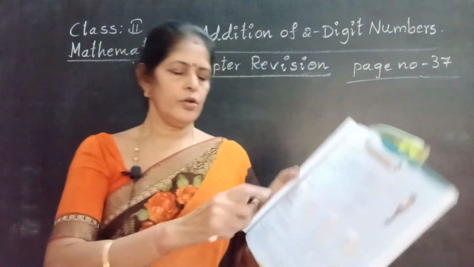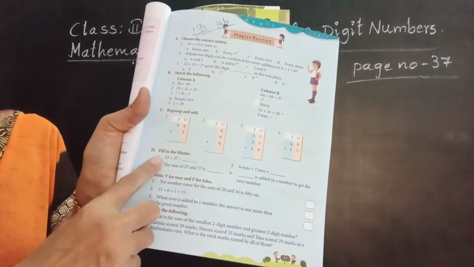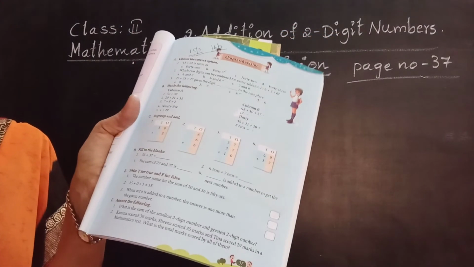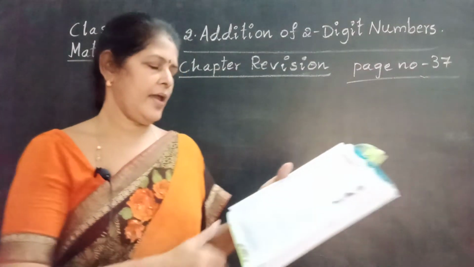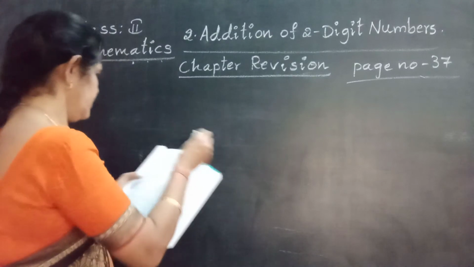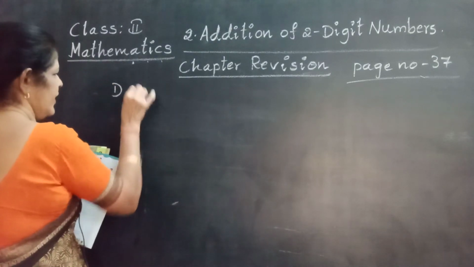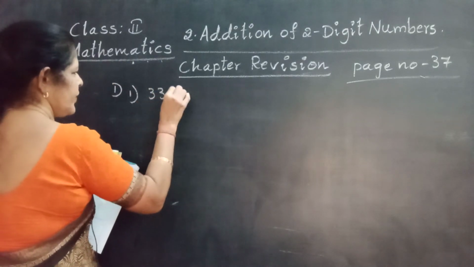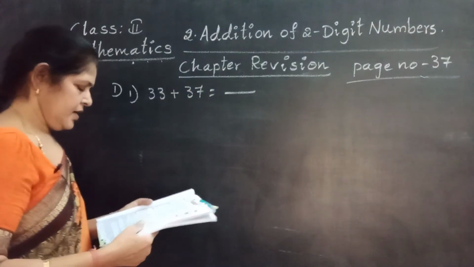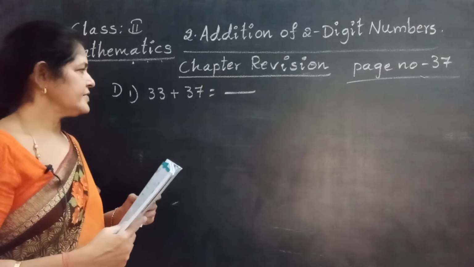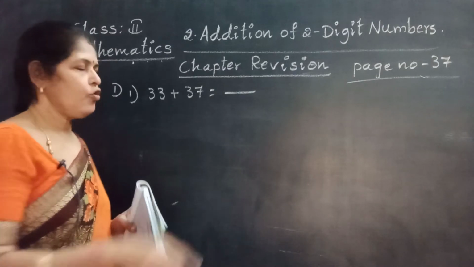Now going to Roman D. Fill in the blanks. Okay, Nana? Come on. First one, 33 plus 37 equal to how much?